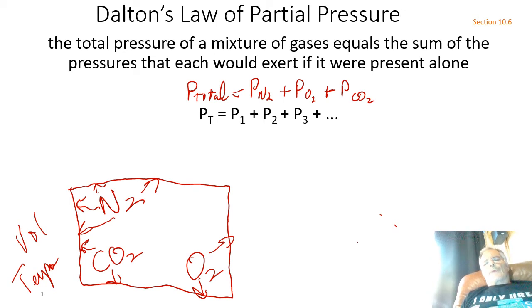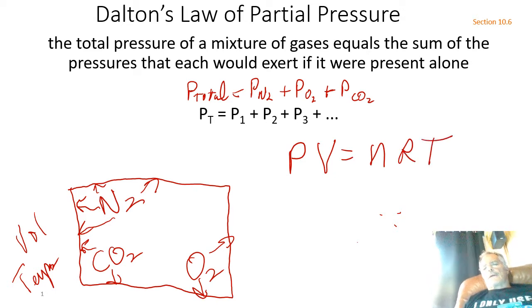Now, here's what I want you to consider. Why is, let's say, oxygen producing that particular unique contribution of partial pressure? What we want to do is think about this with respect to the ideal gas law, PV equals nRT, where n is moles.